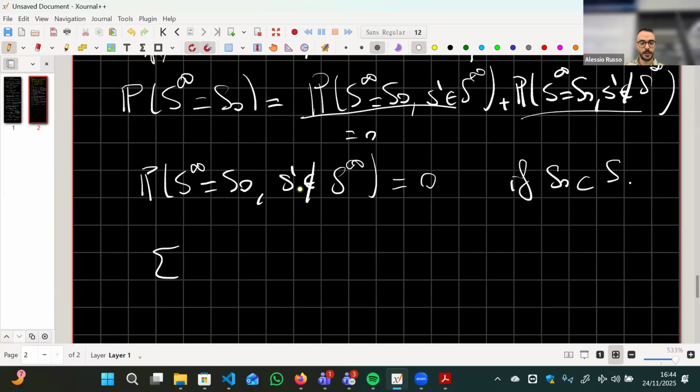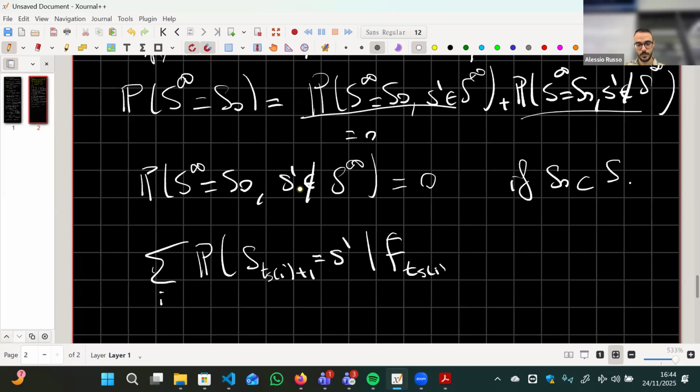So we are going to try to use again Borel-Cantelli to show that S prime will be sampled infinitely often.